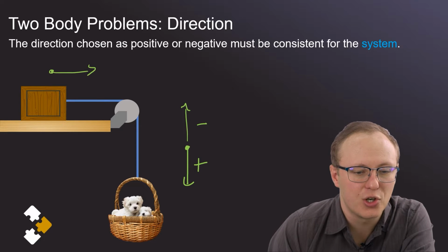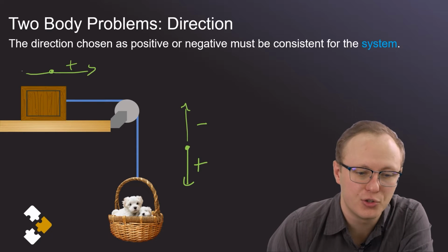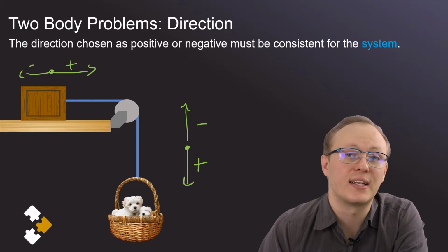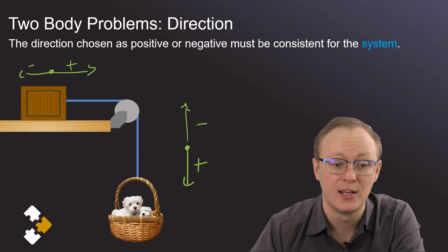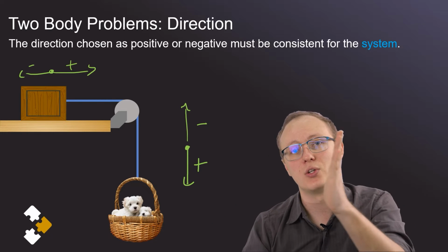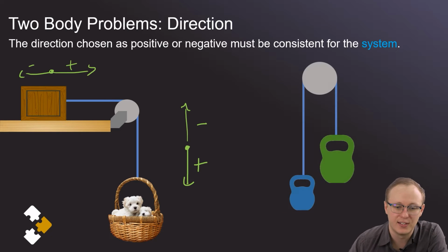Because we chose down as the positive direction for the puppies, we have to choose right as the positive direction for the crate so that there can be consistency. So if one object moves in the positive direction, the other one must also move in the positive direction at that same time.